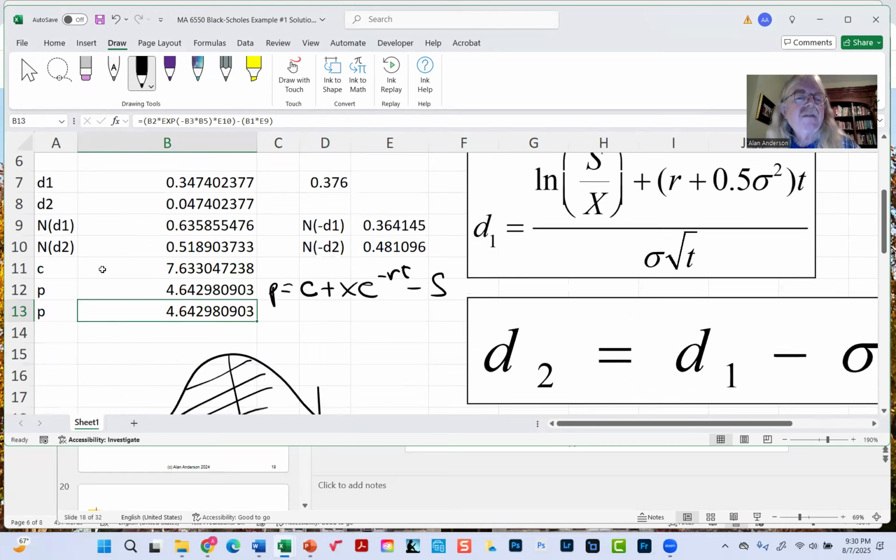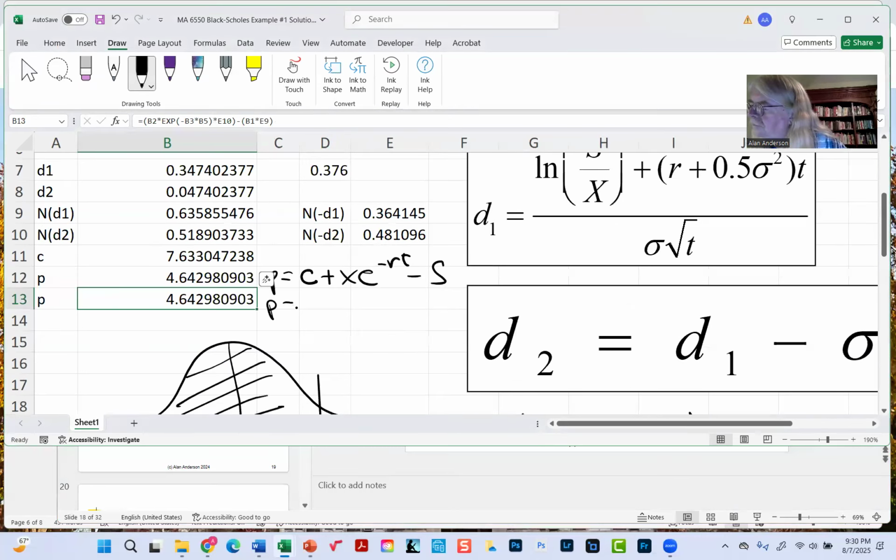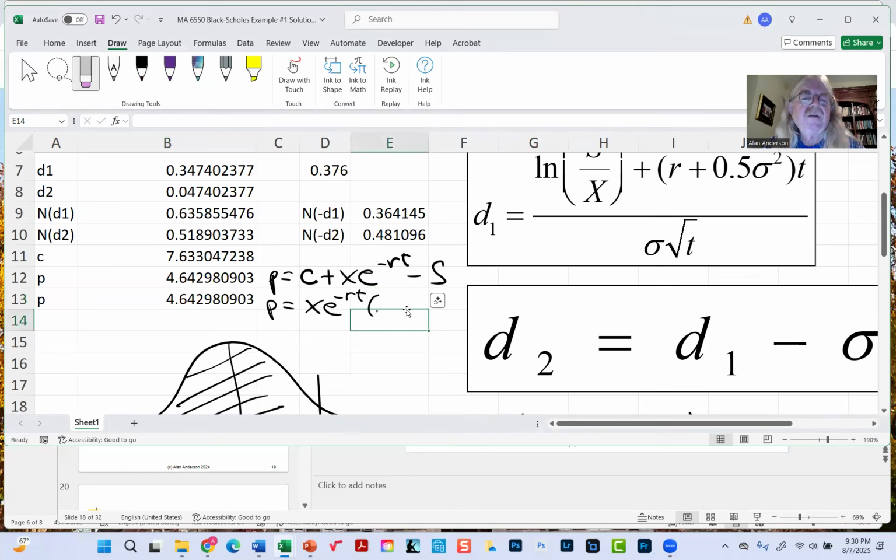X e to the minus RT times N of negative D2.